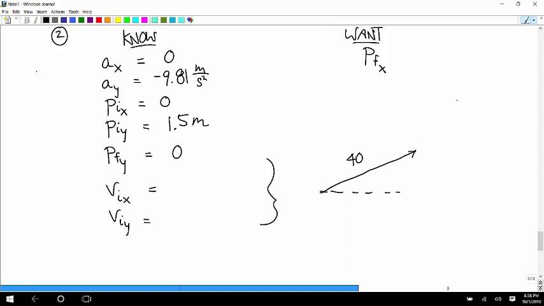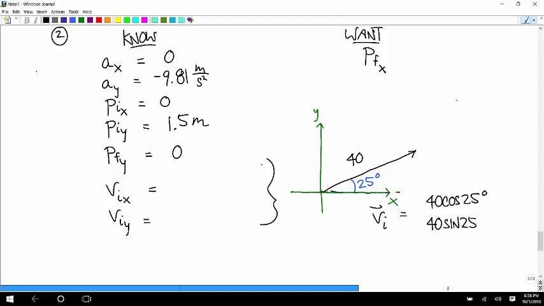So this is 40. This angle is 25. And now if you put the tail of that vector at the origin of the coordinate system, then that initial velocity vector is the magnitude, 40, times the cosine of 25. And then the y component is 40 times the sine of 25.